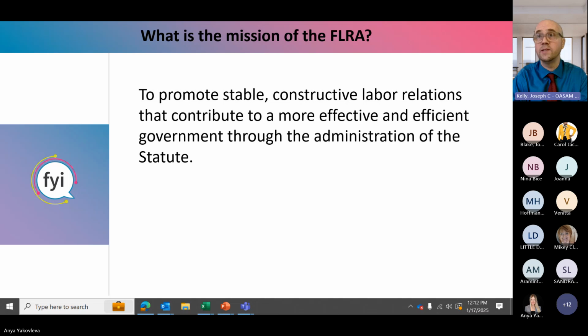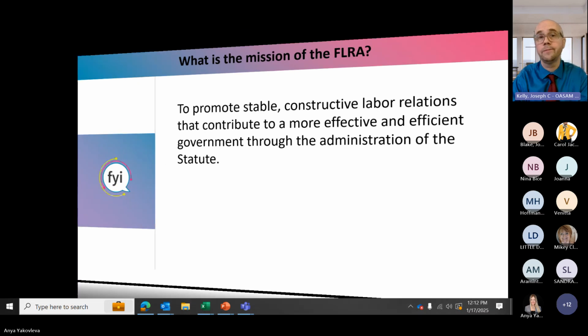Congress's hope was that by providing labor unions with a framework and certain rights, that would quell the unrest and the agencies could function properly without a lot of the distractions caused by an unhappy workforce. Next slide, please.